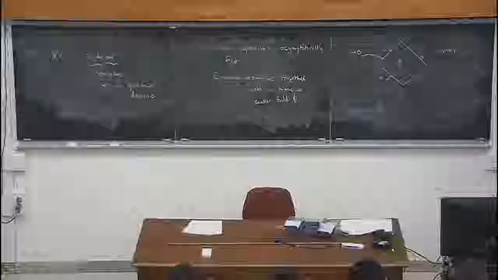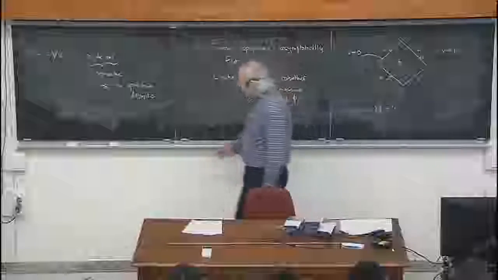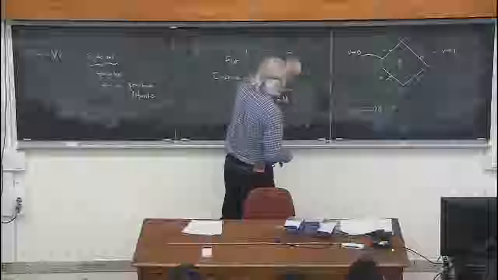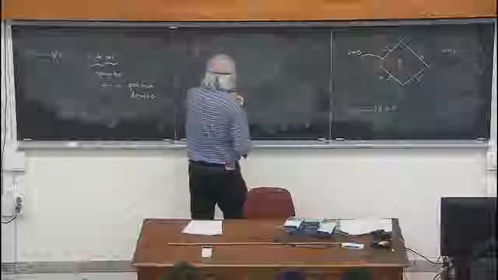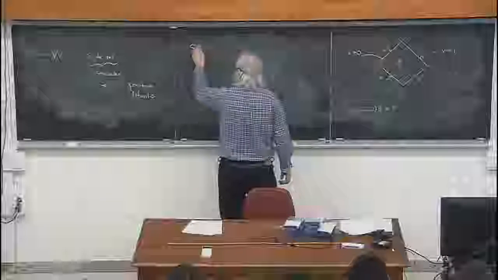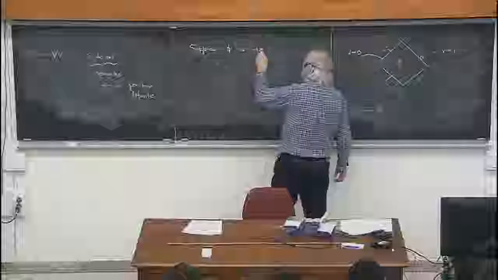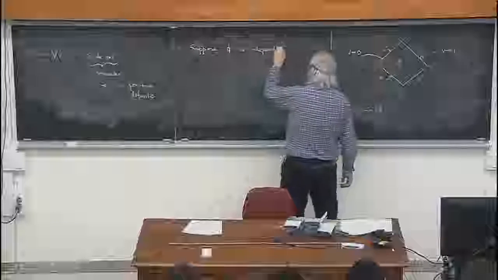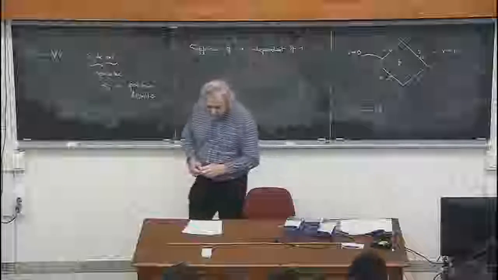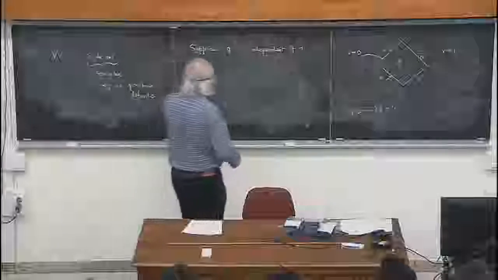So now what I want to do is just to take the Klein-Gordon equation and show that you can have no solutions which are independent of t. So what you do is you just simply integrate the Klein-Gordon equation over the space-time.